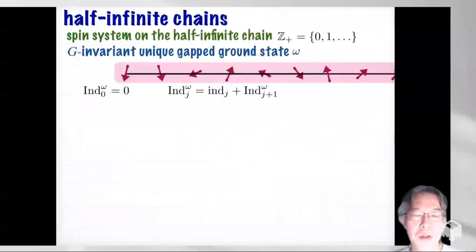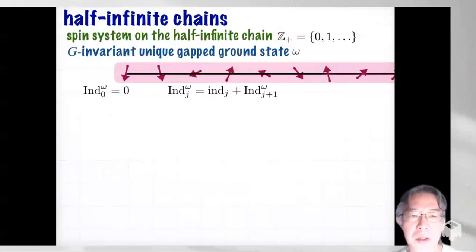If you apply this notion to half-infinite chains, you make some easy but non-trivial observation. So consider a spin system not on the infinite chain, but on the half-infinite chain. It has an edge, and the other side is infinite. And you consider any G-invariant unique gapped ground state, omega, defined on this half-infinite chain.